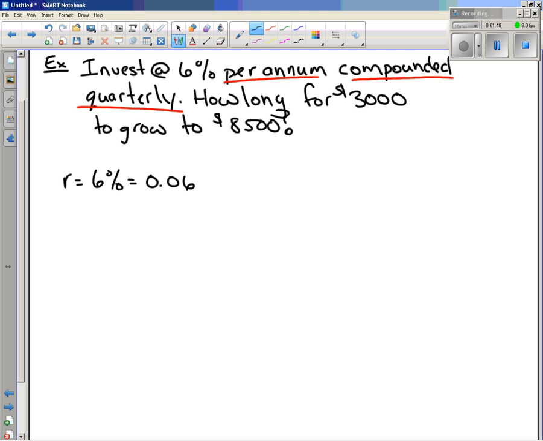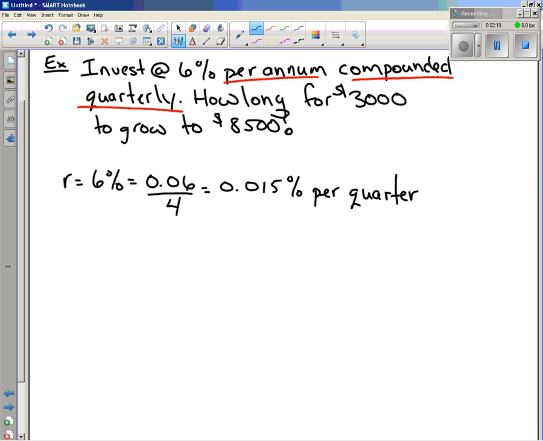And we're going to take that 6% per year and split that into 4, which is going to work out to 0.015 per quarter. So we need to take our interest rate and split it up into quarters. So that'll be how much per quarter.